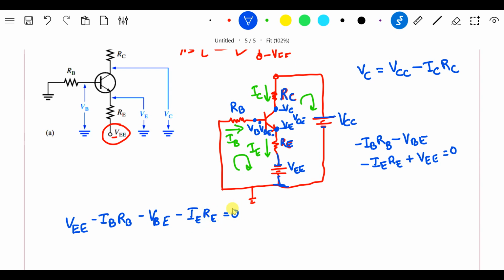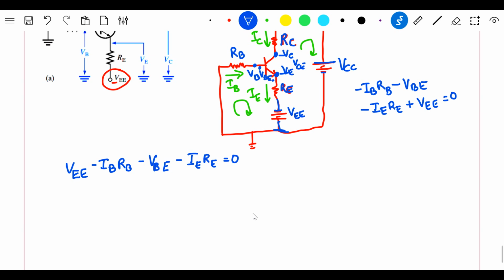So this is the equation we got within this particular loop. Now I'll keep my VEE. The requirement, which I told you already, is that I need to write an equation for two things for the Q point. One is VCE and the other is IC.